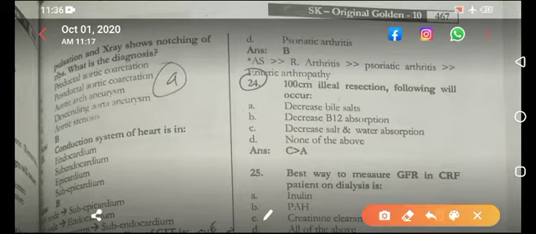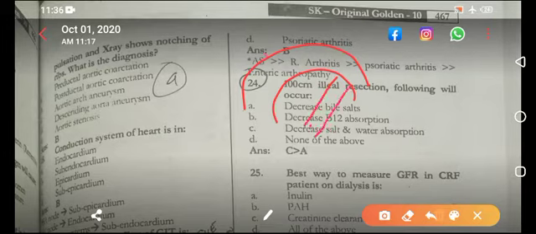Usually, if this is your aorta and this is the pulmonary trunk, there are three branches from here. Subclavian artery, this is the main thing. We are concerned more with the left subclavian artery.